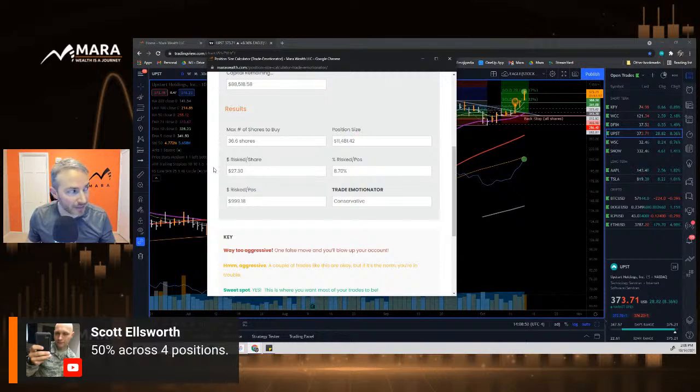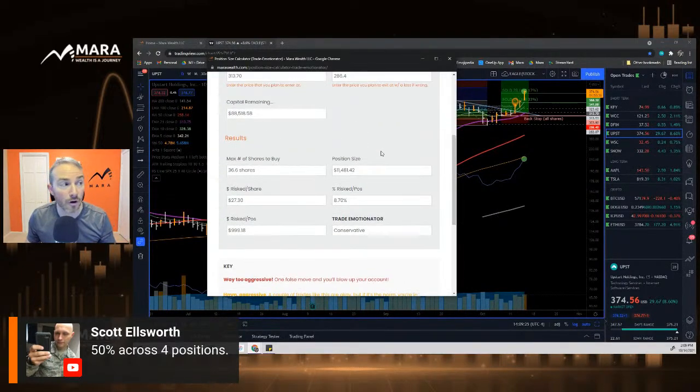And then it's telling you how much in dollars you're risking per share, and on a percentage basis. Between your entry point and your stop loss, you're risking 8.7%. And perhaps most importantly, we'll talk about this in a moment, this dollars risk on the entire position is letting you know that you're risking that $1,000.